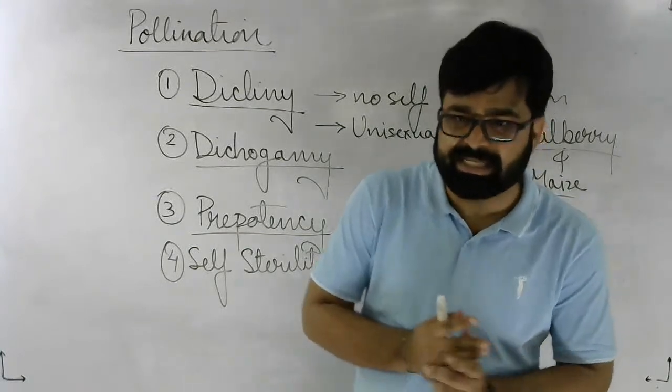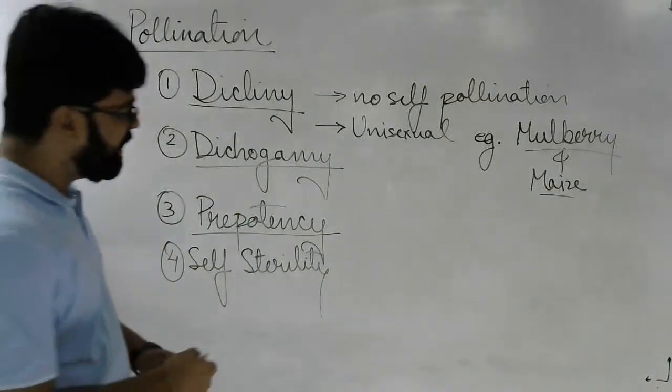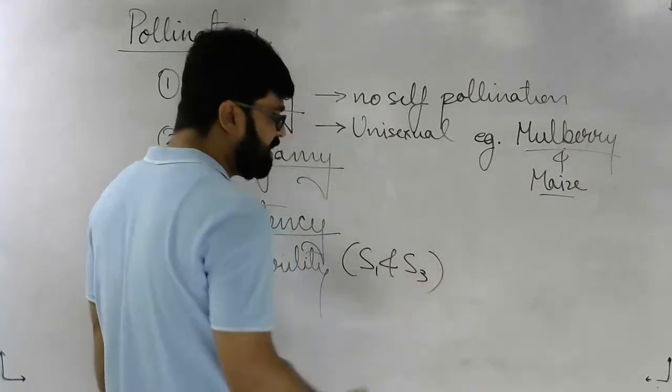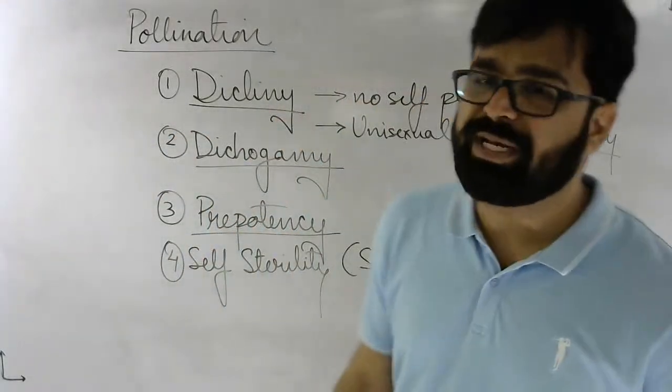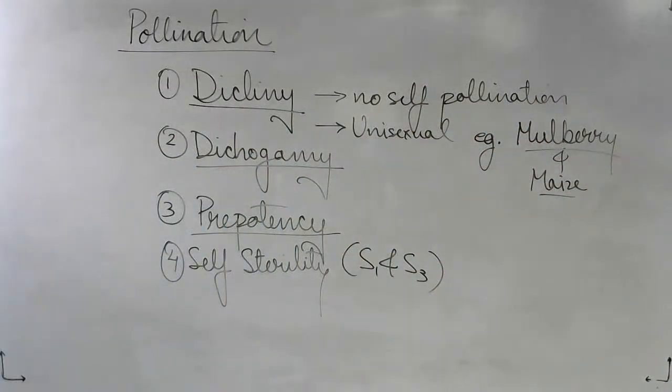All right? Yes. And gene के नाम भी बहुत easy है. S1, S3 in pistil and S1, S3 in pollen grain. So you just remember S1 and S3 gene in pollen and S1, S3 in the female gamete. All right, the pistil.